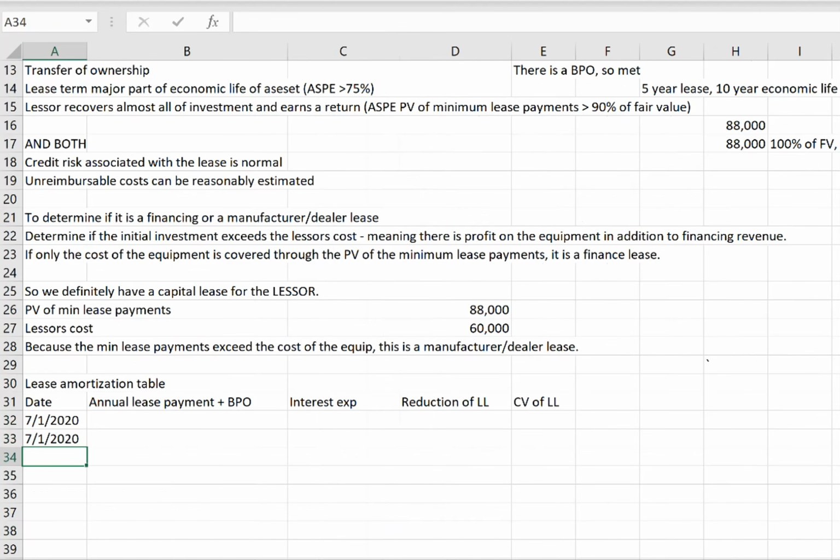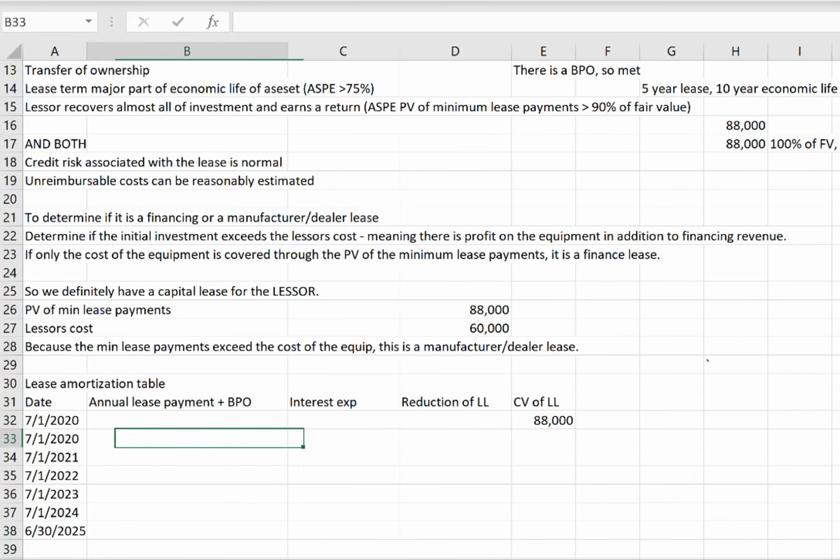So we have 2 of July 1sts, and then July 1st, 2021, July 1st, 2022, July 1st, 2023, July 1st, 2024, and then 6/30/2025, which is the end of the lease. And so we put in the present value of the lease liability, which is what we calculated above.